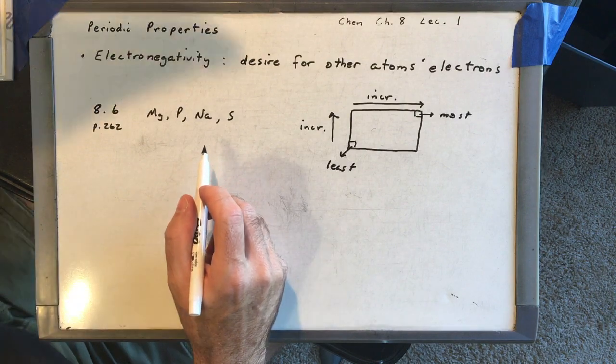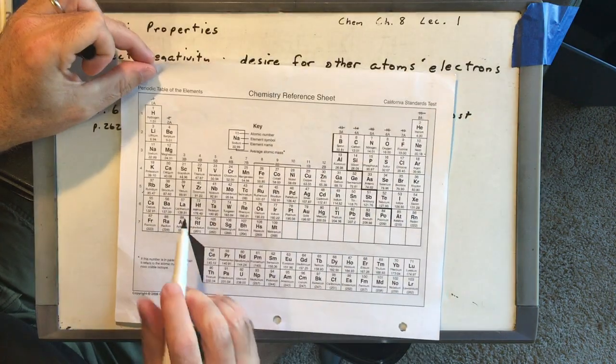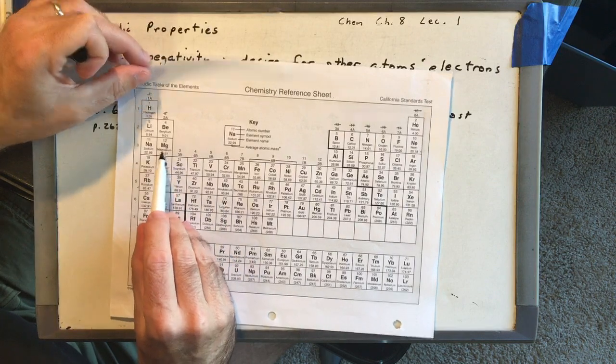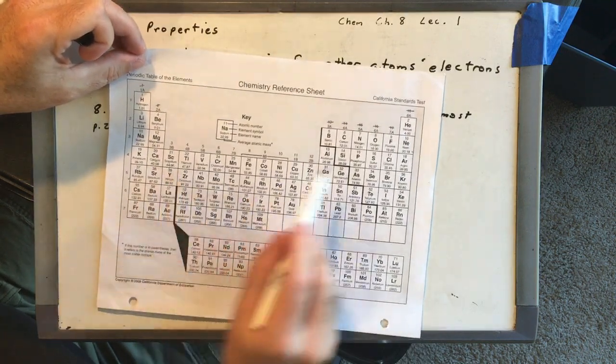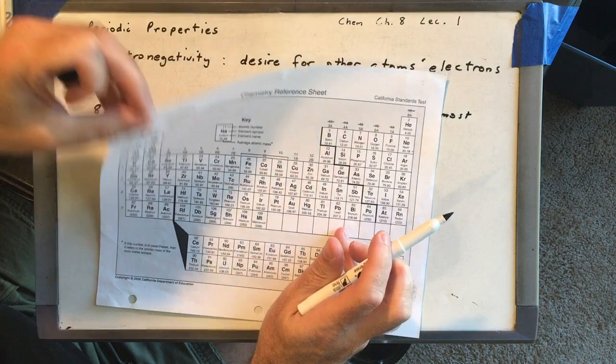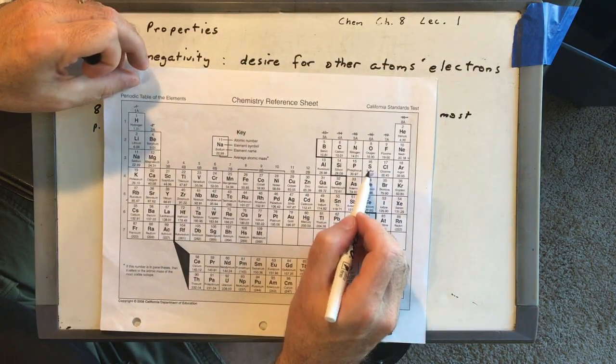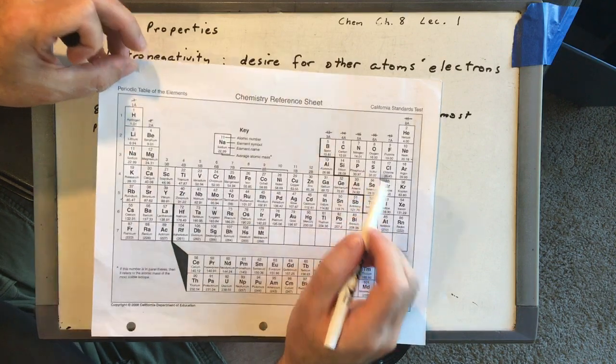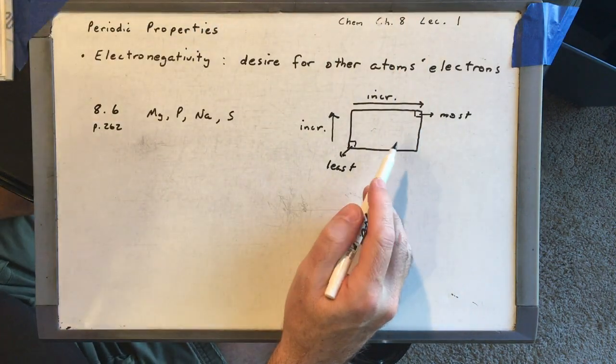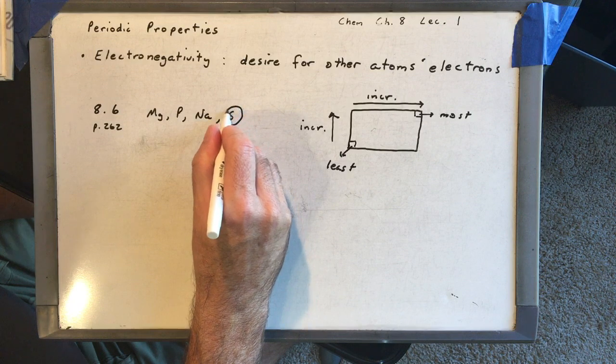Well, let's look at the periodic table. Magnesium, way over here to the left. Phosphorus is over here. Sodium, way to the left. Sulfur, over here to the right of phosphorus. So the one furthest to the right and furthest up would be sulfur.